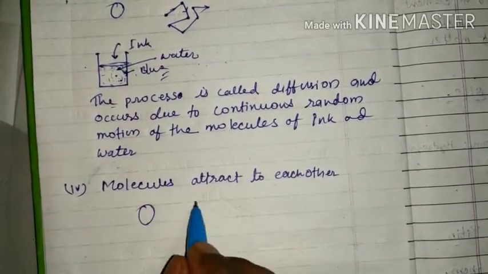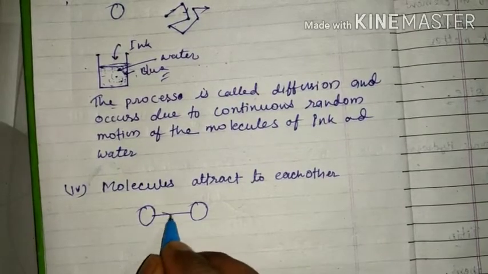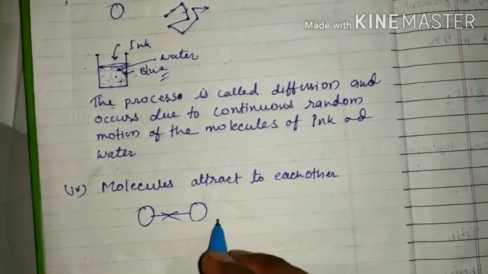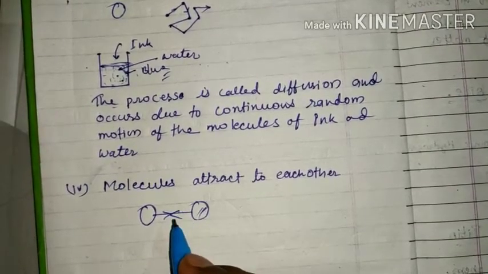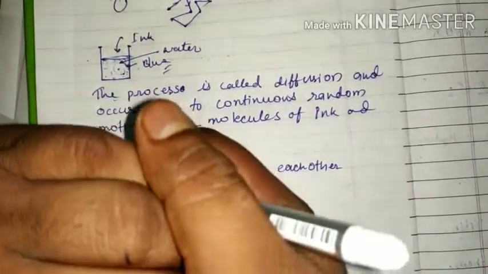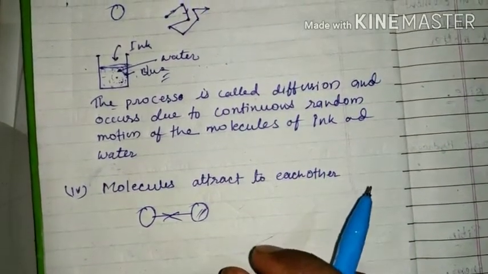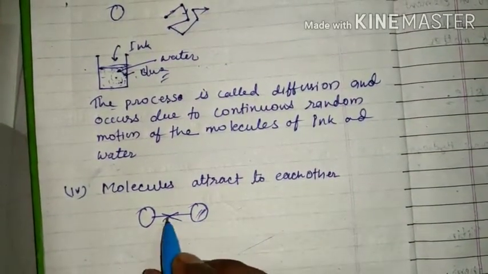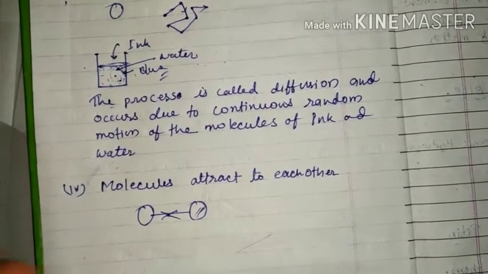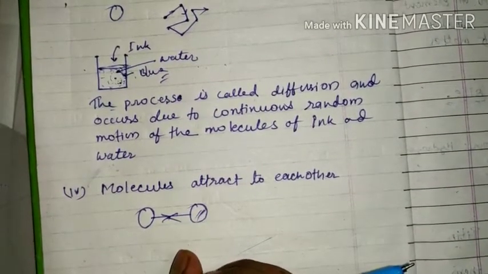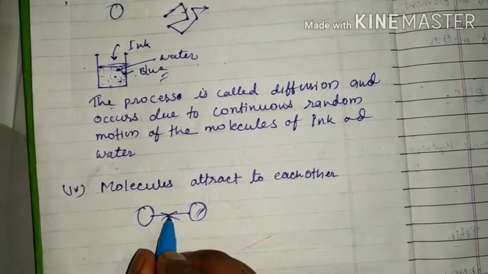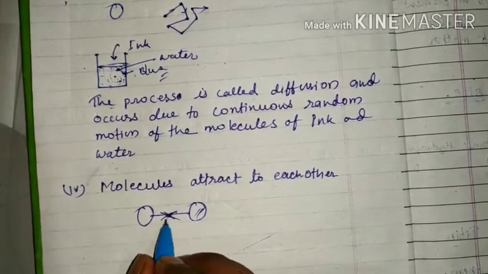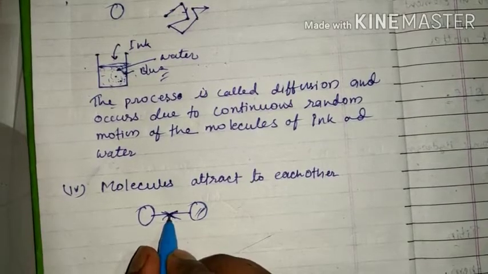Suppose one molecule attracts another, and due to this attraction the molecules are bound together. These molecules decide the shape of the material. This force of attraction is called intermolecular force.